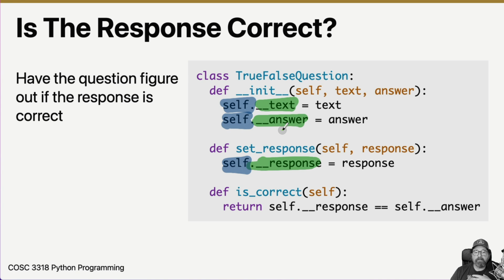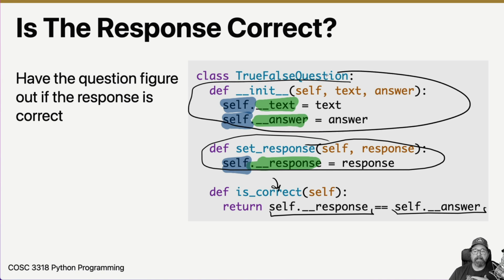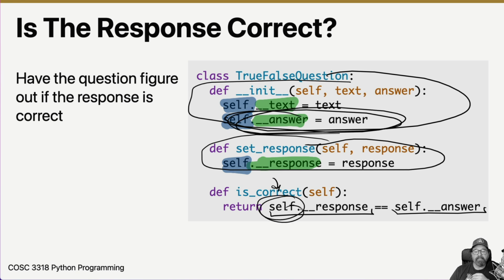That's storing those values inside the object, on the object itself, so that later in other functions, like is correct, we can respond to self.__response. That's the value that was set when we called this method. And self.__answer was created when we called the initialize method. We called that right here, okay? So we wrote that code. And so the self dot thing, that's the thing that allows us to put data inside our object so that we can then use it later.